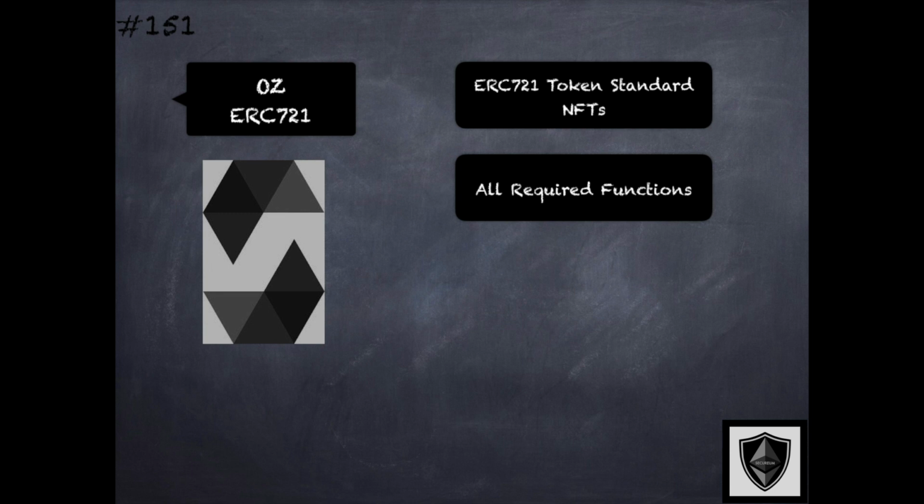There's a balanceOf function that returns the number of tokens in the specified owner address. There's an ownerOf function that returns the address that owns the specified token ID. There are the transferFrom and safeTransferFrom functions that allow transferring tokens from one address to another address.